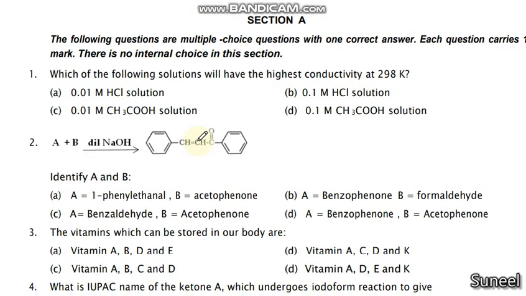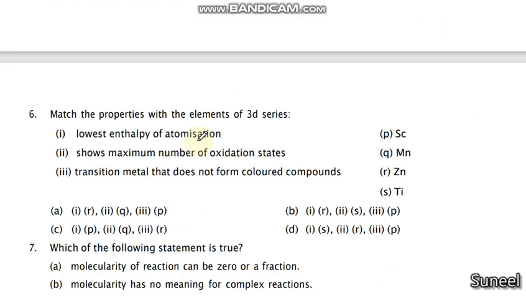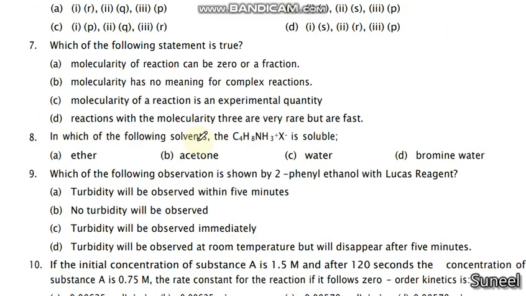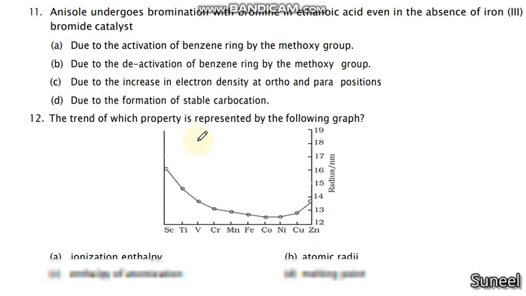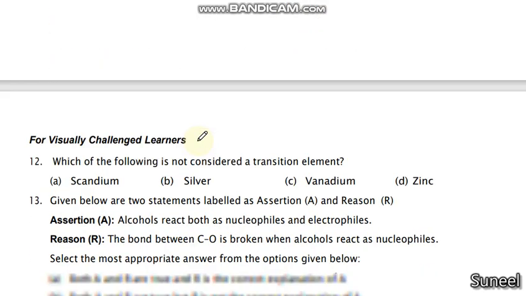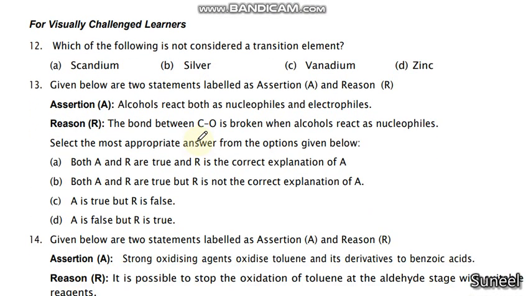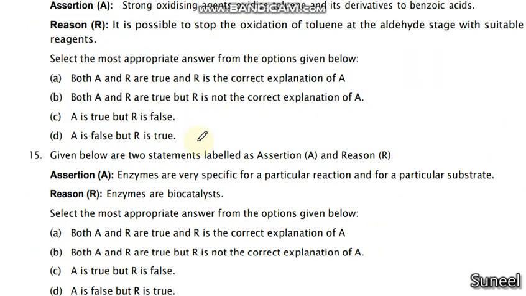That is, there are overall 16 questions in this section. The questions are although simple, but options given are very close, so read the questions and options very carefully before answering. This section has no internal choice and each question is of 1 mark.